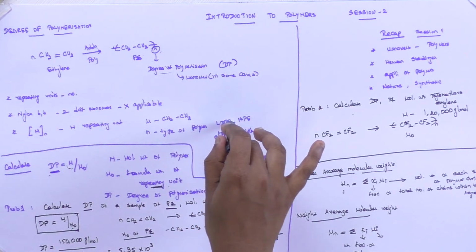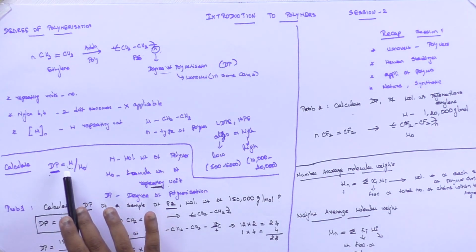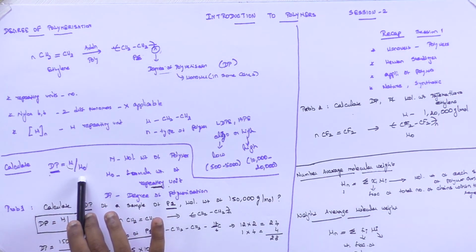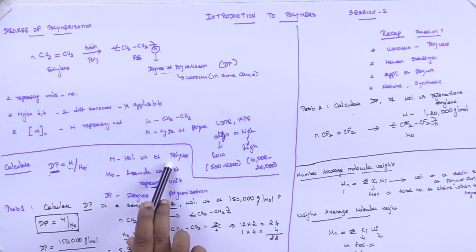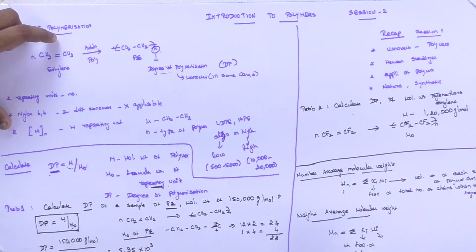You can calculate the degree of polymerization using the formula dP is equal to m by m naught, where m is the molecular weight of the polymer and m naught is the formula weight of the repeating unit. So, I gave you two examples here, and the formulas for number average and weight average molecular weight.